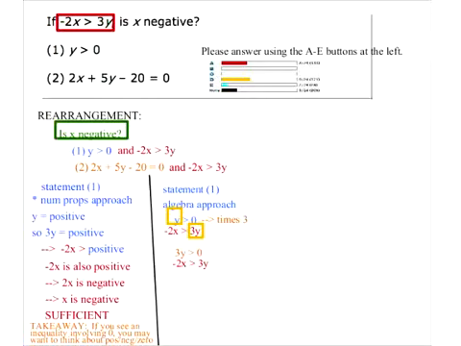And if we add these, we get negative 2x plus 3y is greater than 3y, which means that negative 2x is greater than 0. So if you divide by negative 2, remember whoever asked last time, if you divide by a negative, that means that you have to flip that alligator around. So x is less than 0.